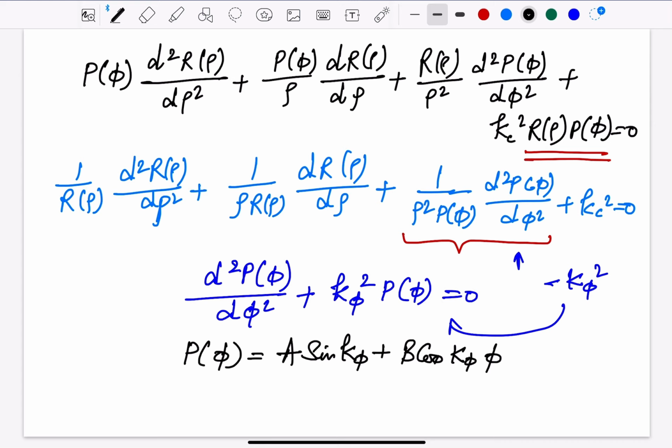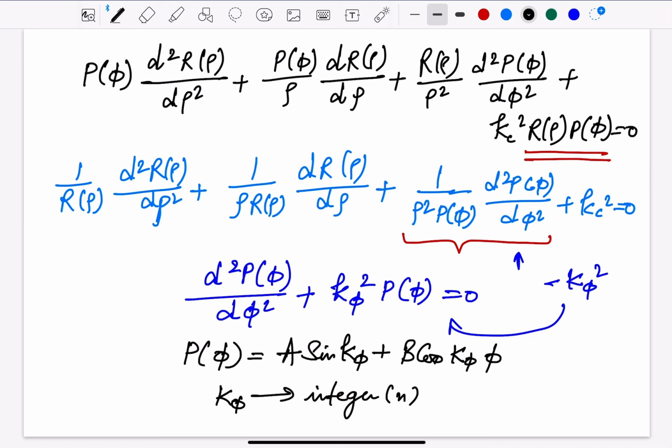Okay, and here the function p, which is a function of phi, must be periodic in phi. So k phi must be an integer, let's say n.